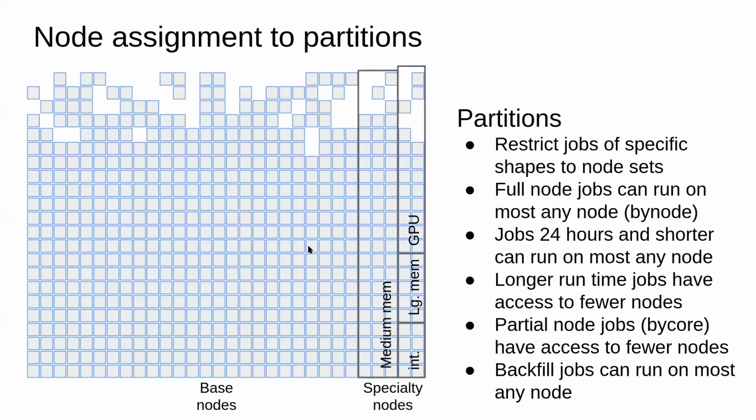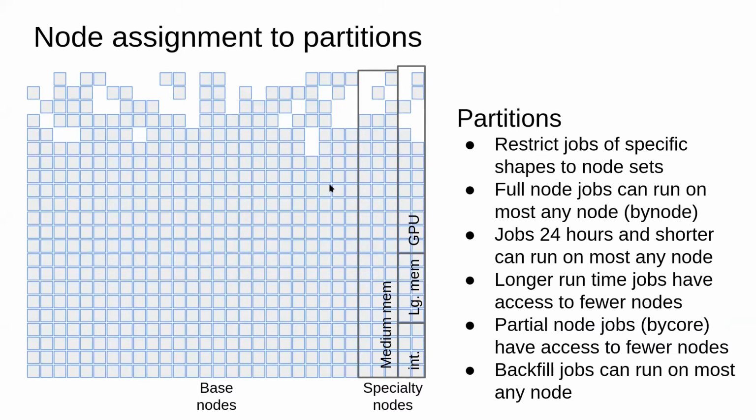The next thing is that a job is submitted to the scheduler, and then the scheduling software is monitoring all the cluster to identify when that job can get allocated to nodes. The thing is that jobs don't have access to all of the nodes all of the time. The system is divided into partitions.